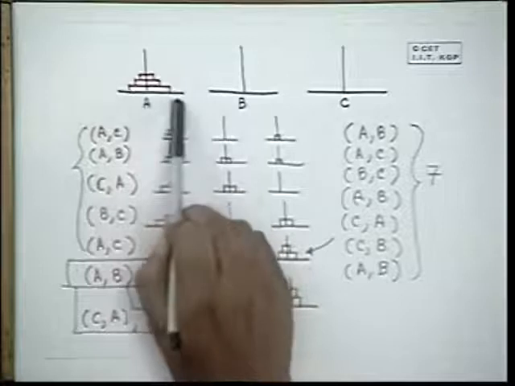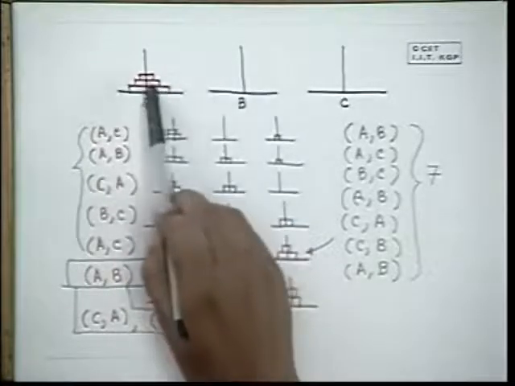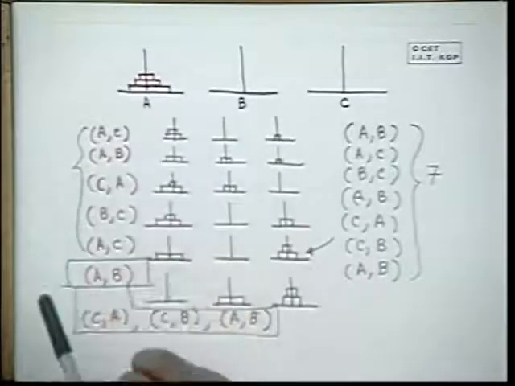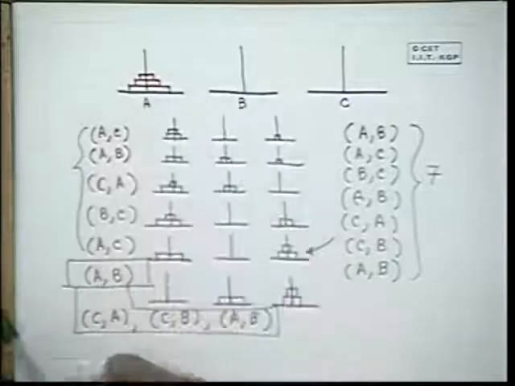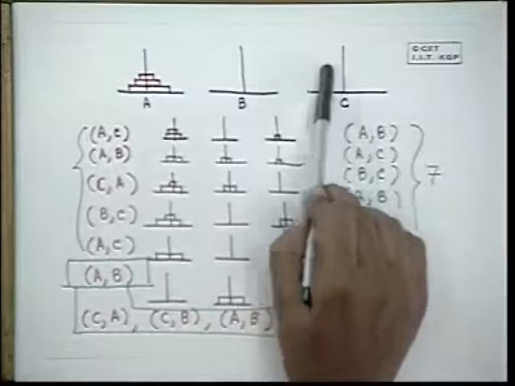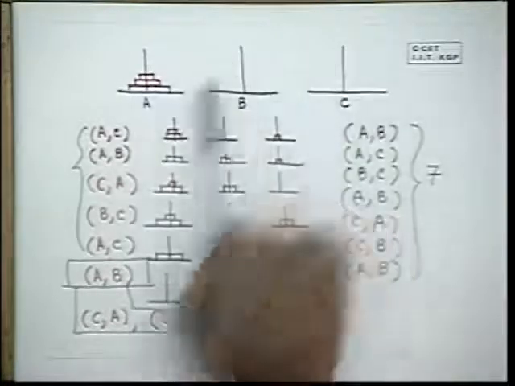To solve the 3-disk problem from A to B, we have solved the 2-disk problem from A to C because the larger disk need not be touched. Then we have moved the largest disk from A to B, and then again we have solved the 2-disk problem from C to B.